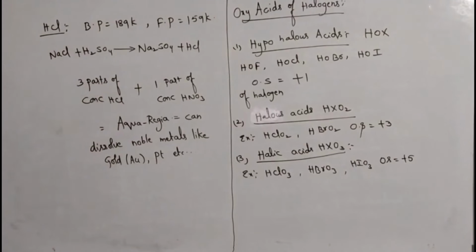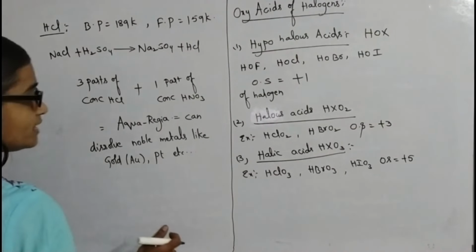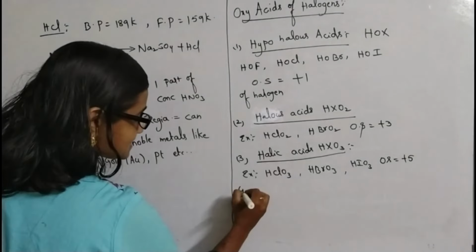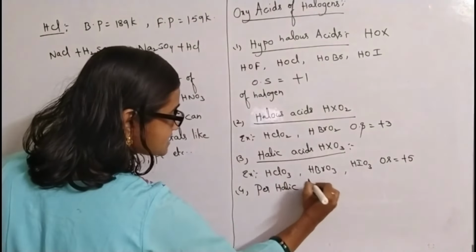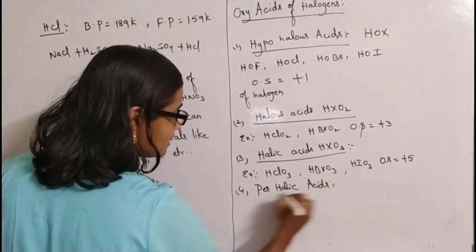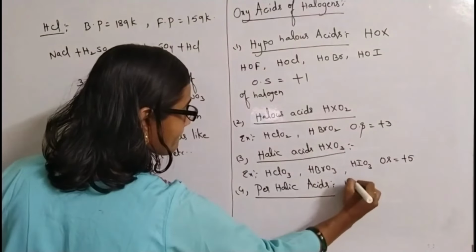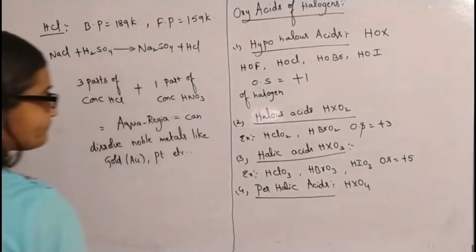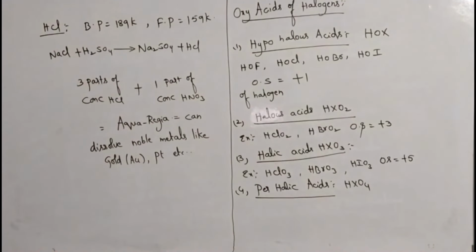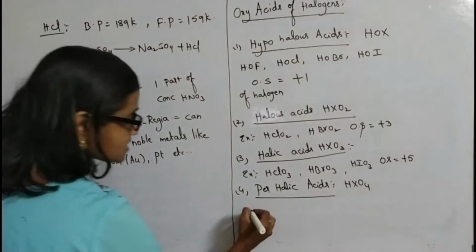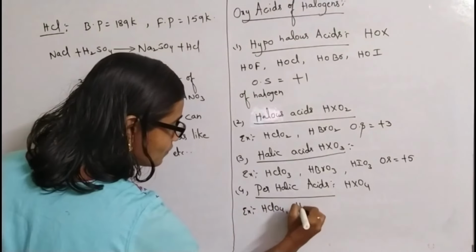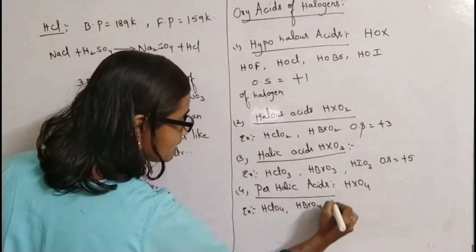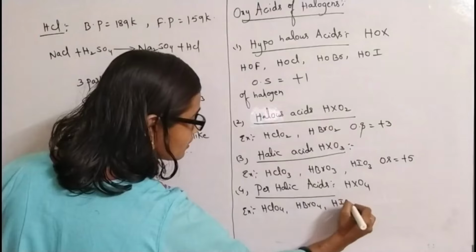And next you have perhalic acids, HXO4, like HClO4, HBrO4, and HIO4.